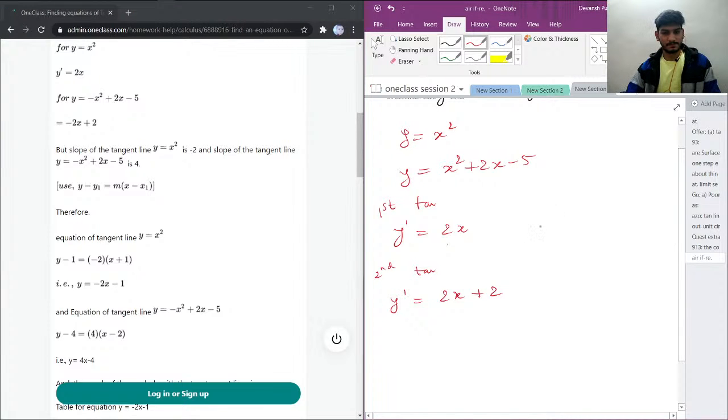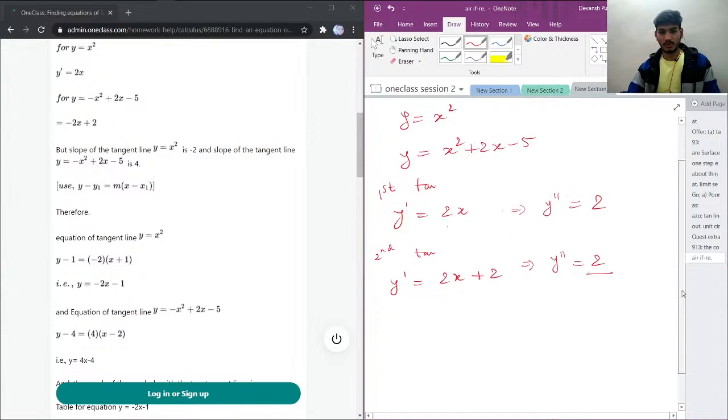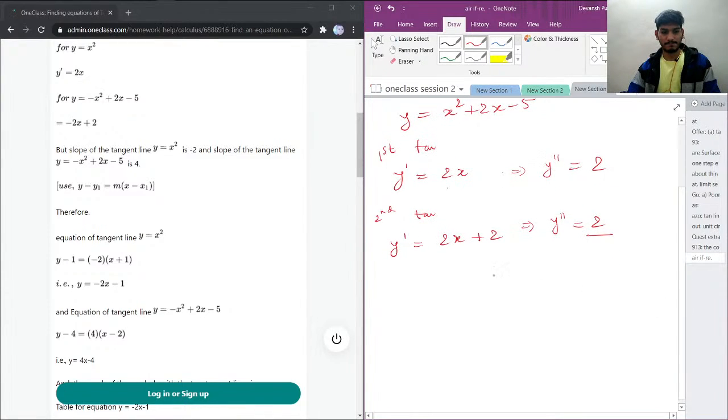So let me just find that for the slope of this tangent line, we can just take the derivative and it will be 2. For slope of this tangent line also it is 2. So the slopes are same.